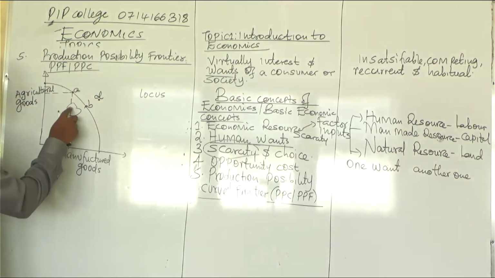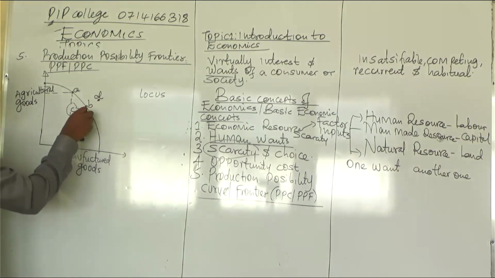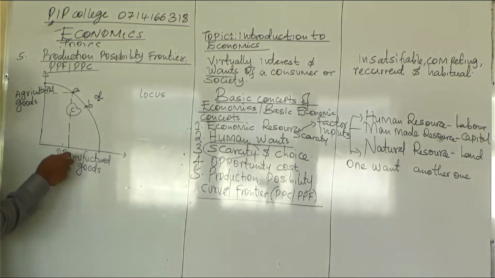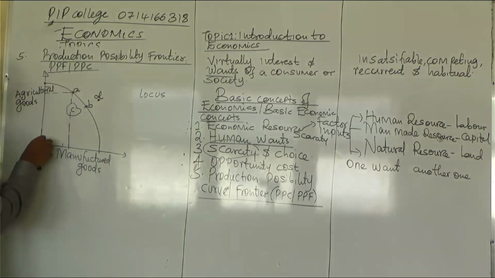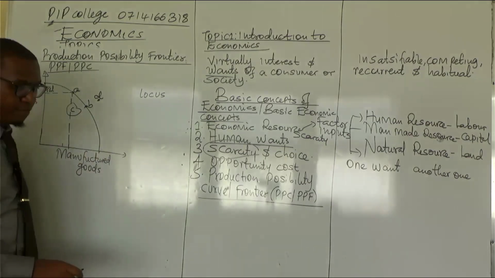Now you can draw this. Just draw the production feasibility curve.